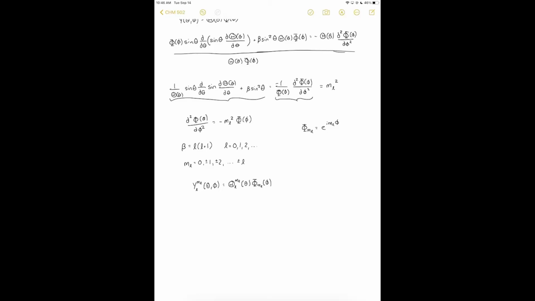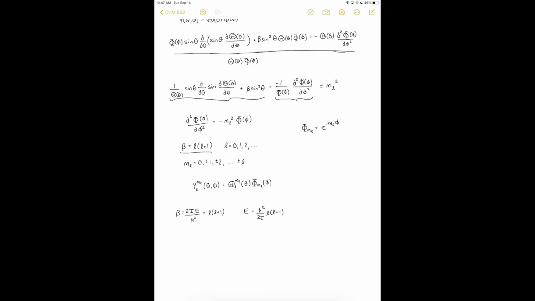Now, something that we can note here: we had what this beta constant is, but recall that our beta is equal to 2 times the moment of inertia times the energy over h bar squared. And so if this is equal to L(L+1), we can rewrite that the energy is equal to h bar squared over 2I times L(L+1).